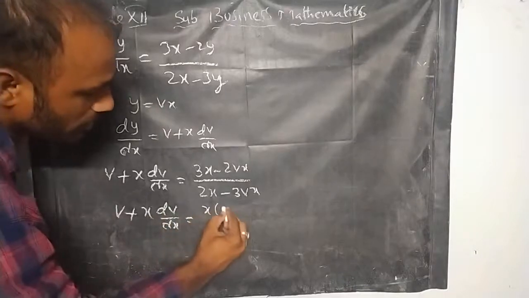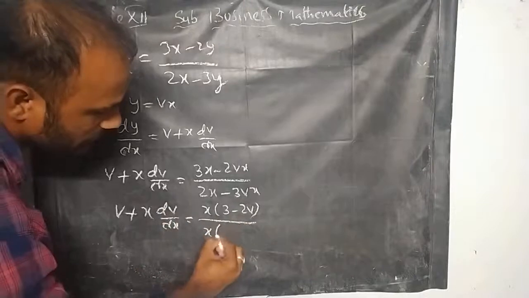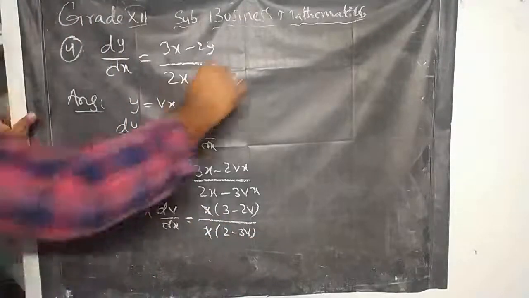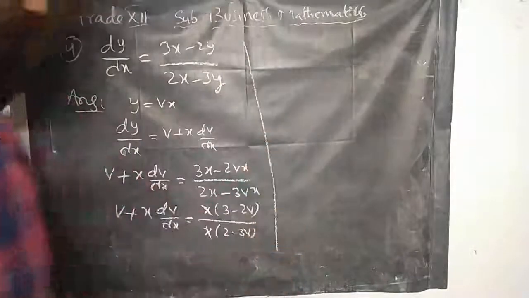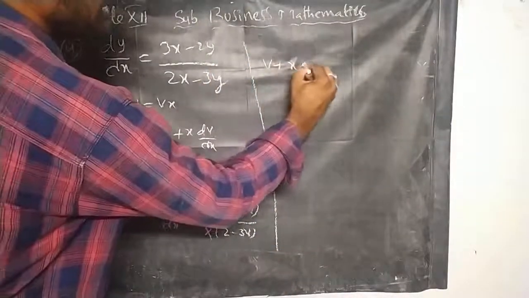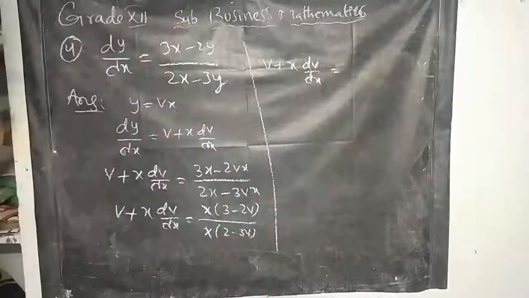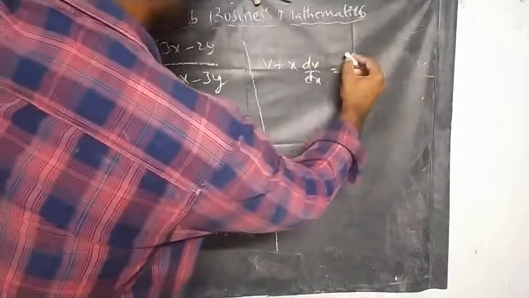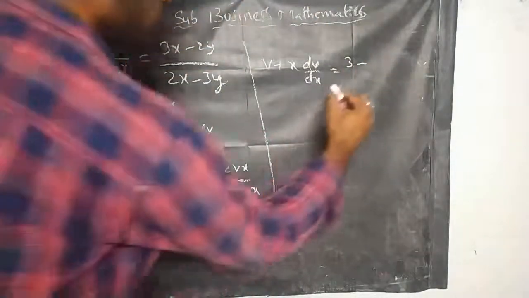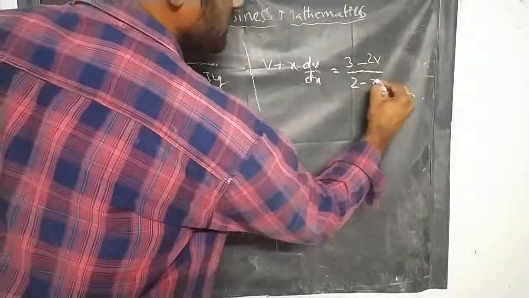If I take x common in the numerator, it will be 3 minus 2v, and if I take x common in the denominator, 2 minus 3v. So x gets cancelled. So it is v plus x dv by dx is equals to 3 minus 2v divided by 2 minus 3v.